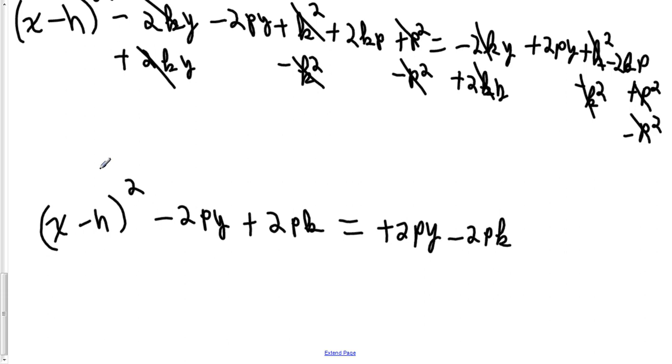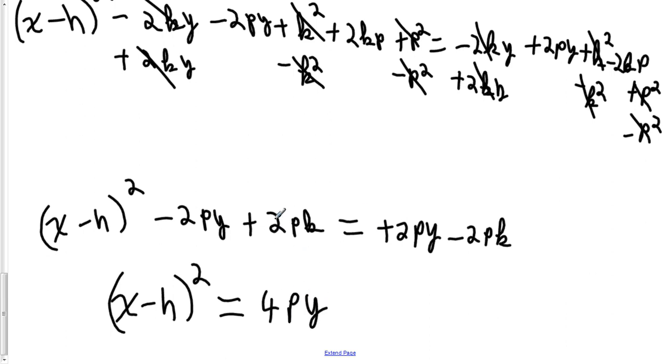All right, so this is what I have left over. This term that I haven't really touched still has the square on it. That term was special. That's why I left it alone. I'm going to leave the term x minus h squared all by itself, and then I'm going to move this over to the right side. If I add 2py to both sides, they'd cancel out on this side, and on the right side I'd have 4py. If I subtract 2pk from both sides, they'd cancel out on the left side, but on the right side I'd have minus 4pk.